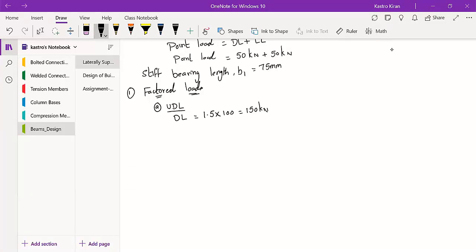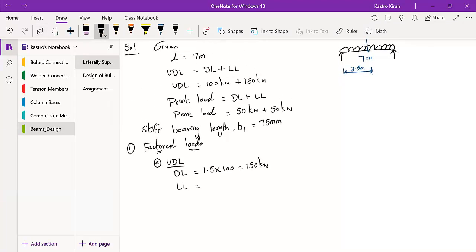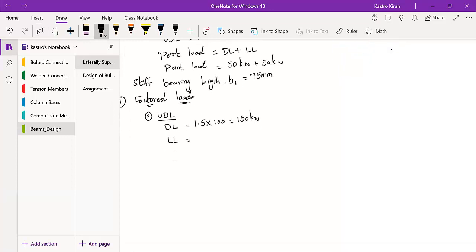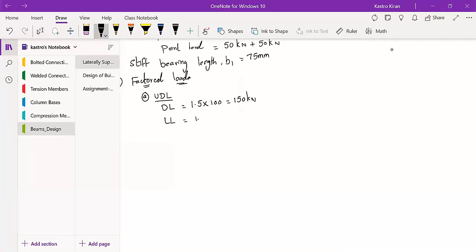And there is a live load which is also acting as a UDL. What is the intensity of the live load? It is 150 kilonewtons. Therefore, the factored live load is 1.5 times 150, which is 225 kilonewtons, right? So this is the factored dead load and factored live load in terms of UDL.